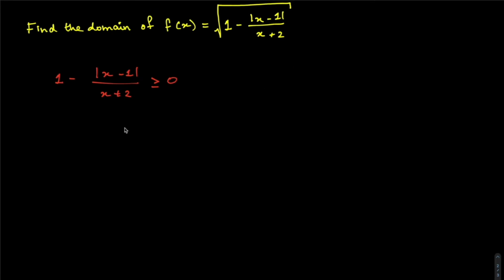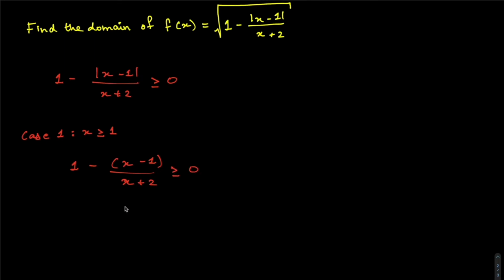Now I can take 2 cases, and I'll start off with case 1, which is when x is greater than or equal to 1. So I'm going to have (1 minus (x minus 1)) upon x plus 2 is greater than or equal to 0.